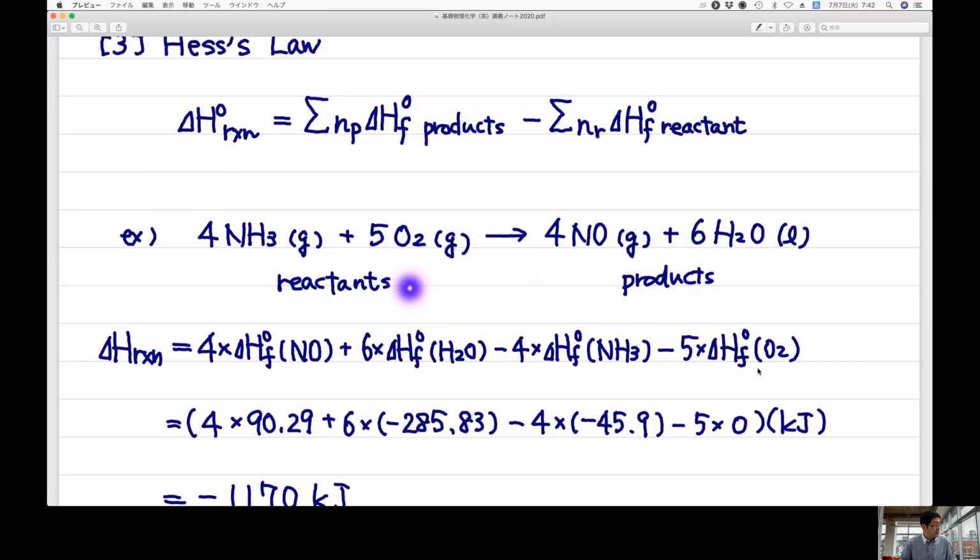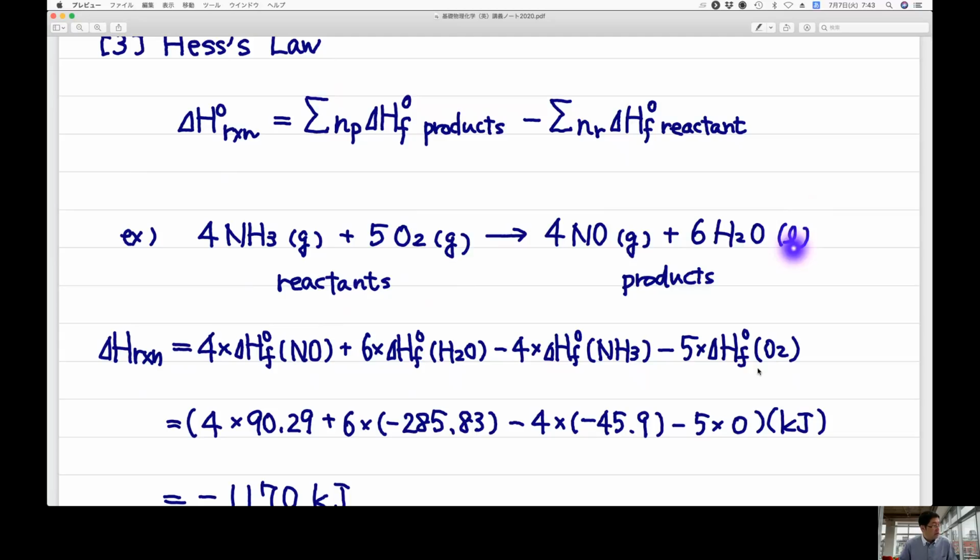The reactants are ammonia gas and oxygen, and the products are nitric oxide gas and liquid water. Okay, 4 molecules of ammonia react with 5 molecules of oxygen to produce 4 molecules of nitric oxide and 6 molecules of water.